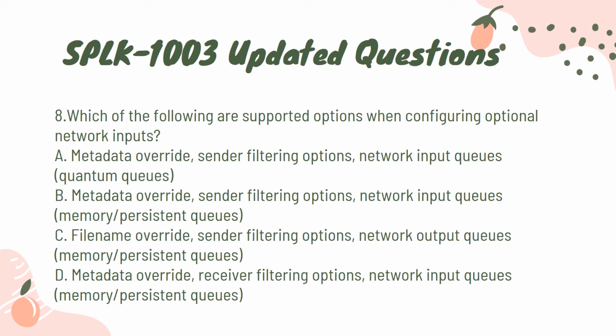C. Filename override, sender filtering options, network output queues, memory, persistent queues. D. Metadata override, receiver filtering options, network input queues, memory, persistent queues.